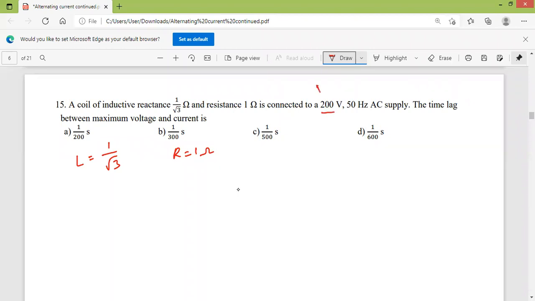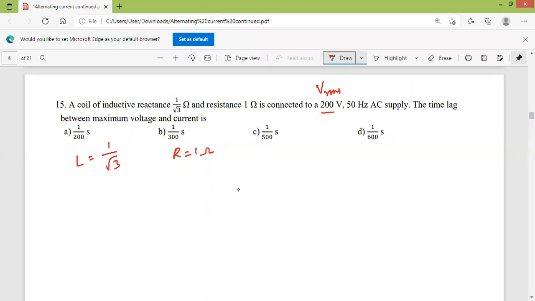It's a VRMS value, they have not mentioned any peak. The VRMS is equal to 200 volts and the frequency is 50 hertz. The time lag between maximum voltage and current is asked.